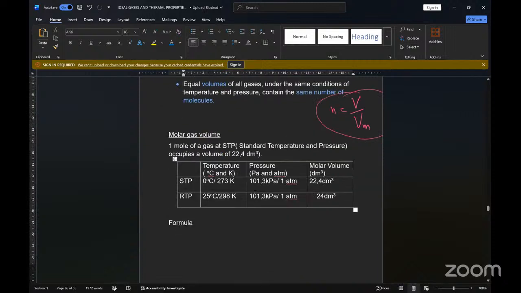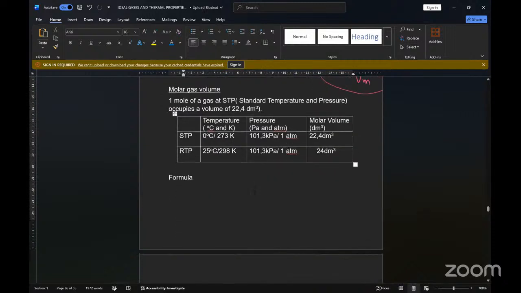Now we look at what we call the molar volume. Again, we mentioned it when I was treating the mole concept. I said 1 mole of a gas at STP, standard temperature and pressure, occupies a volume of 22 decimeter cube. I've just drawn a table here. The standard temperature is 0 degrees Celsius or 273 Kelvin.